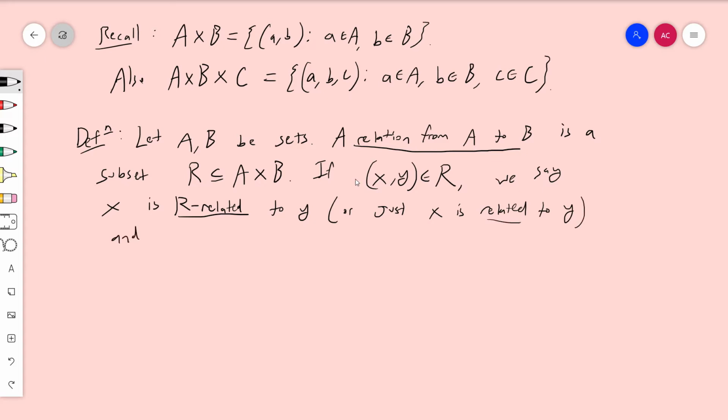And sometimes we write that as x is less than or equal to y.